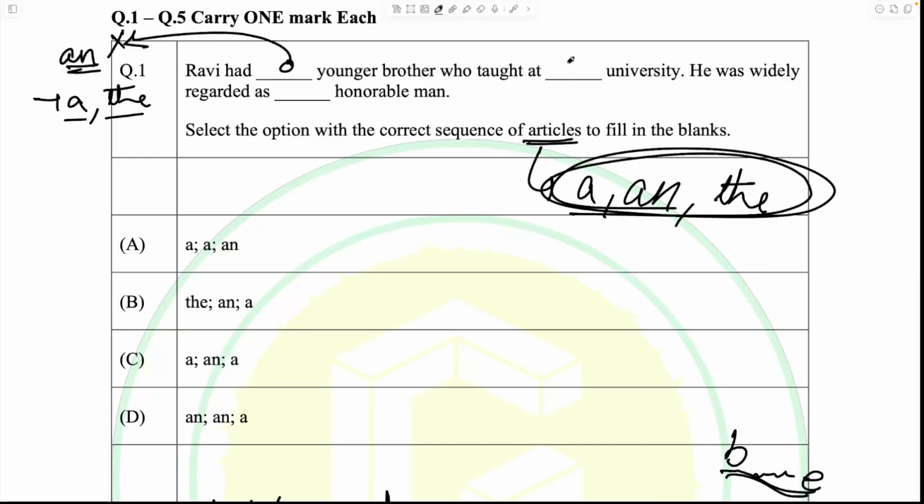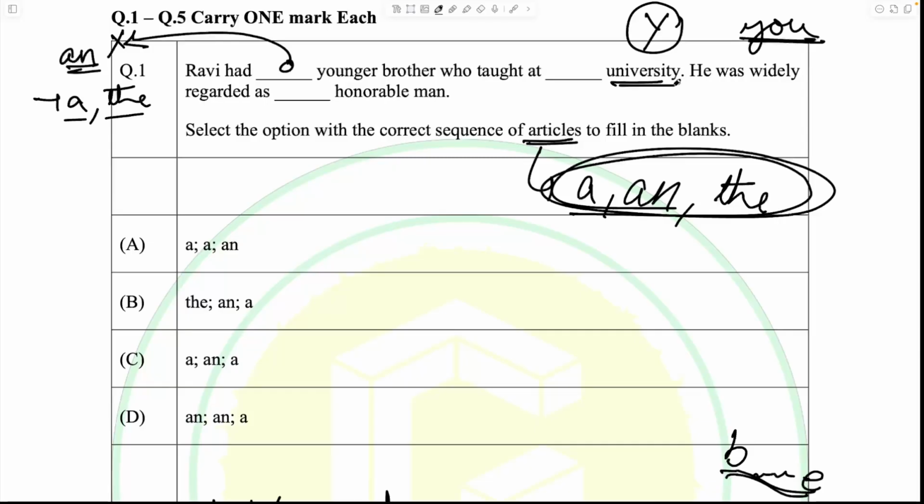Younger brother who taught at blank university, right? University. Now let's pronounce it with me: university, right? It starts with U, but is it using U as the first sound? University, right? It sounds like you're speaking the first sound as Y, U. It is the same pronunciation you're using at the start of university, right?